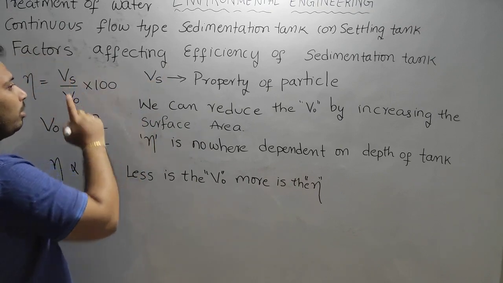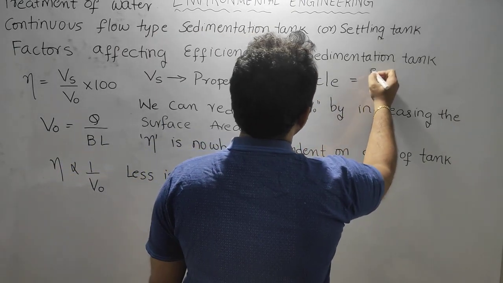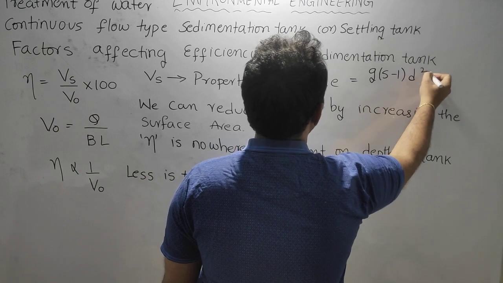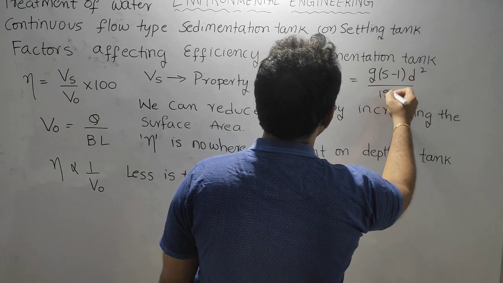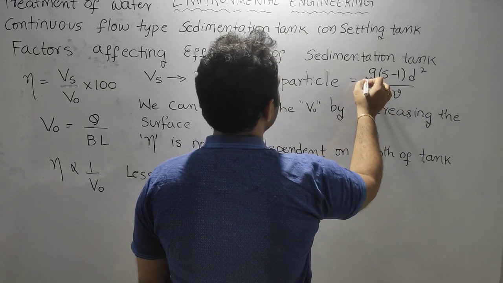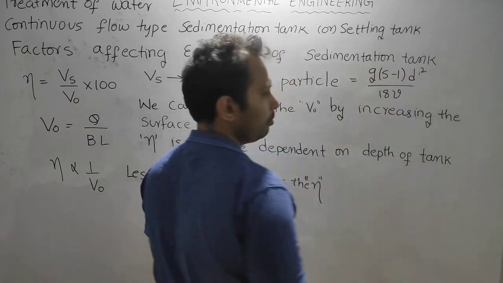The formula of Vs is G into S minus 1 d square by 18 nu. This is constant, this is a property of water, specific gravity is also constant, and the varying value is d.